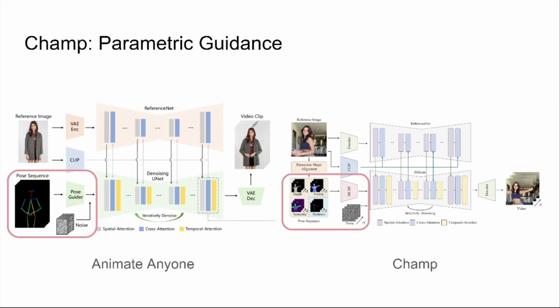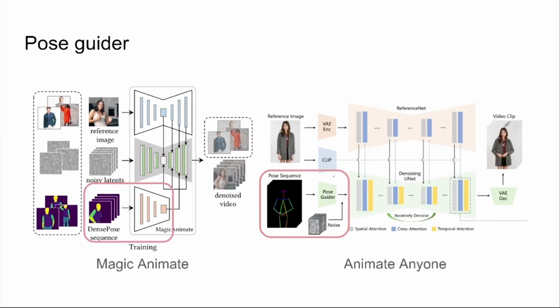So the code you need to write for this project is not that much. Basically, the thing is how you understand these three parts and how you arrange them into the original network. Here we explained the three main parts in Animate Anyone: the reference net, the spatial attention, and the pose guider.